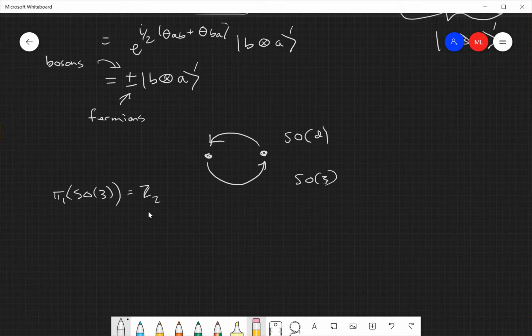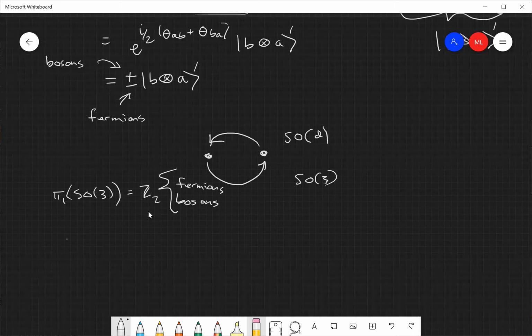And that's what this thing tells you, is that in 3 dimensions, there's only 2 different kinds of ways of rotating 2 particles into each other. And that's what defines fermions and bosons.